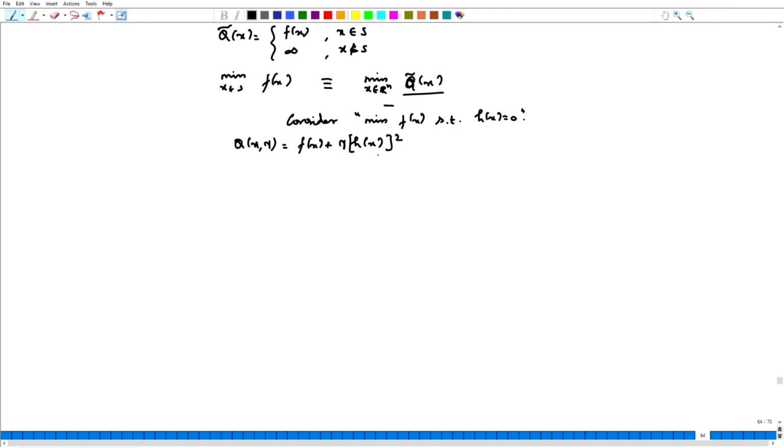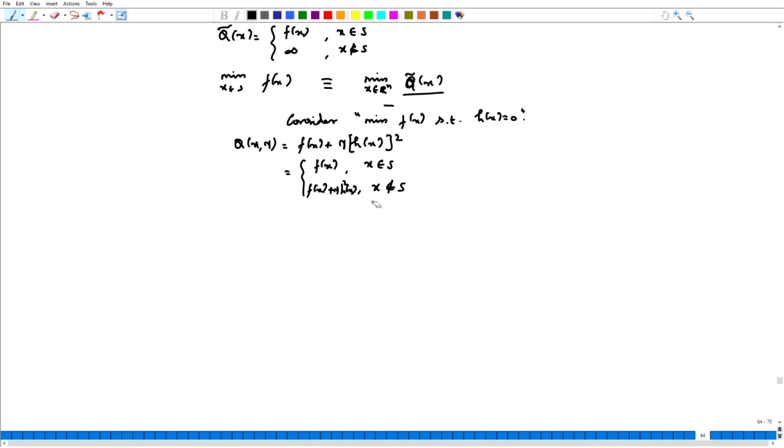So, you can see that this satisfies this particular constraint that when x belongs to the set, the constraint set S, q of x comma gamma is just f of x itself. Okay. But when x is not in S, this does not equal infinity. Okay. So, in that case it is just f of x plus gamma into h squared of x.